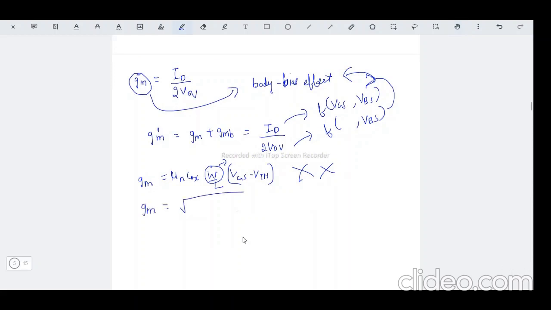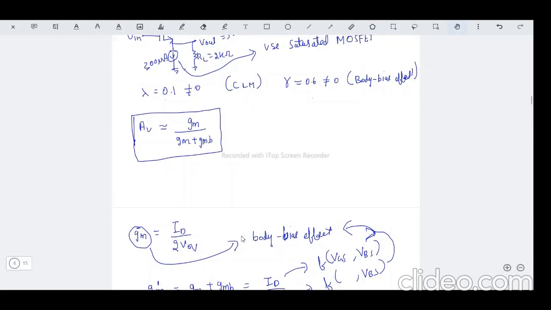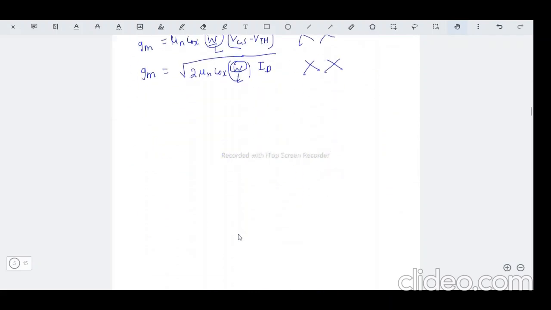There is another equation, gm equal to square root of 2 mu n Cox W by L ID into ID. Again there is a W, so we cannot use this equation either. Since we are not able to find gm, we have to somehow obtain gmb. That's the only option.